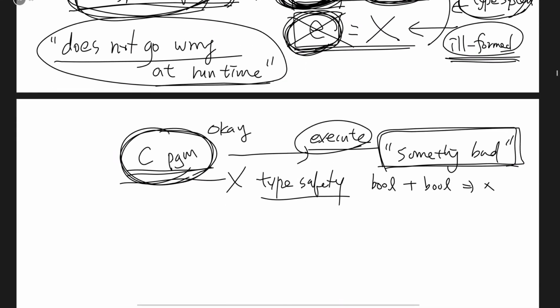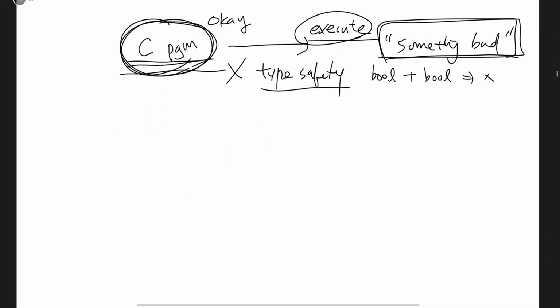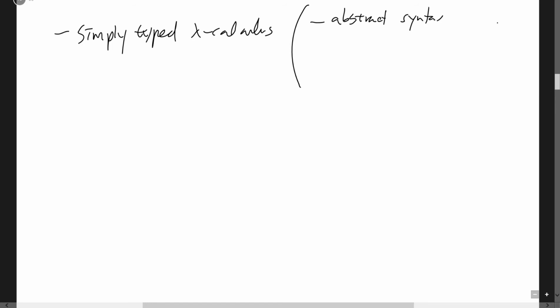Now let's develop this new programming language called simply typed lambda calculus. We will need abstract syntax, operational semantics, and finally, a type system. So let's first talk about the abstract syntax.